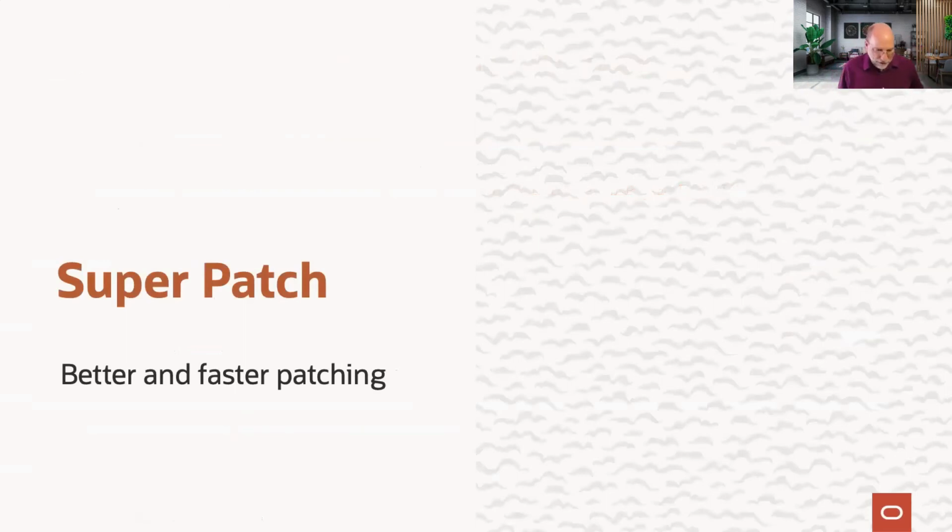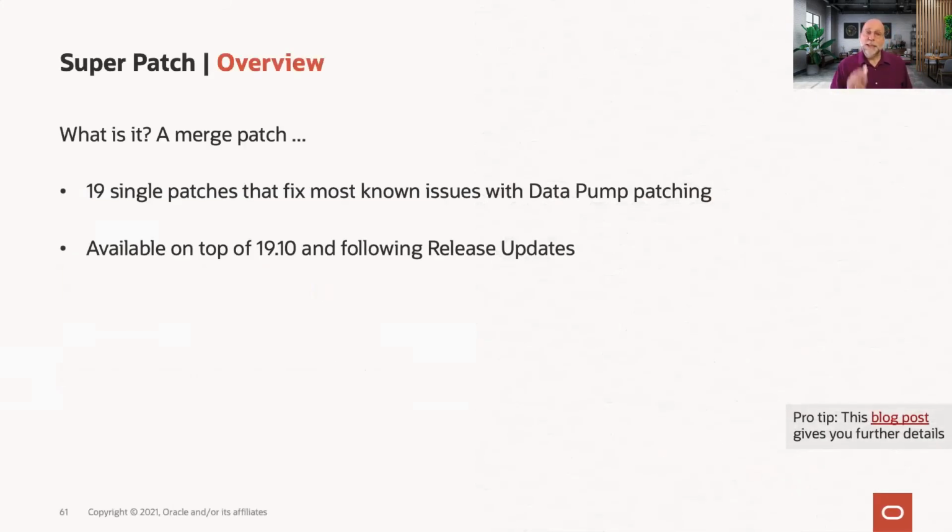Okay, so for the last few minutes here, I want to talk about a very important set of patches that we have for Data Pump. And one is what we call the super patch. This is informal. I think you might find that term in My Oracle Support, but let me tell you what this is all about. Starting in 19.10, and we cannot take it earlier than that, there was a lot of work that went into this.